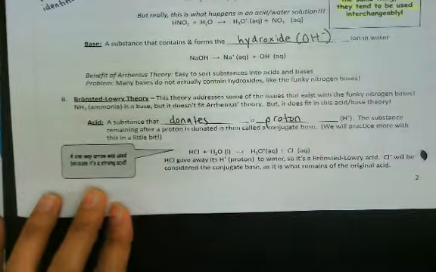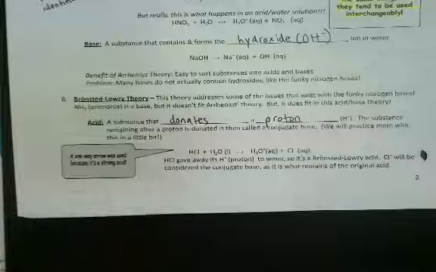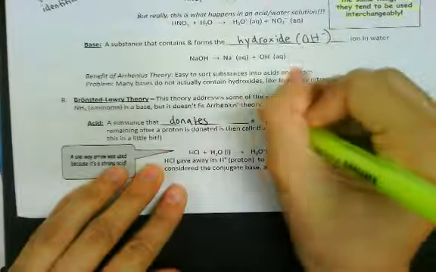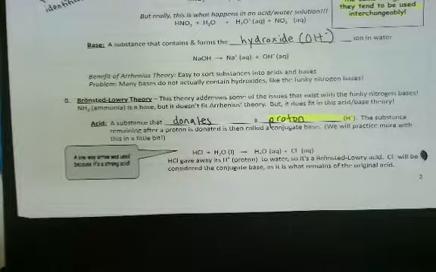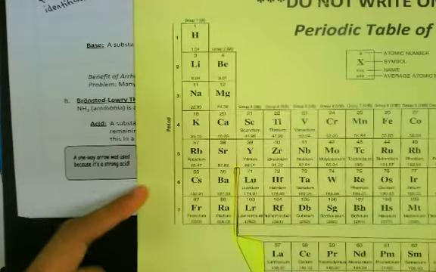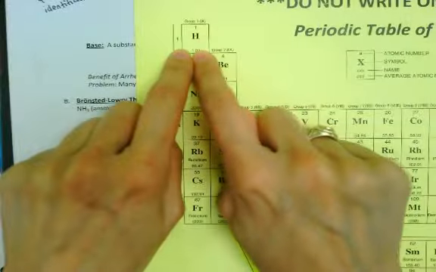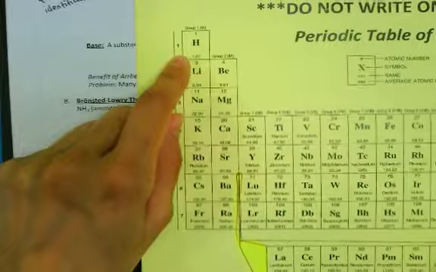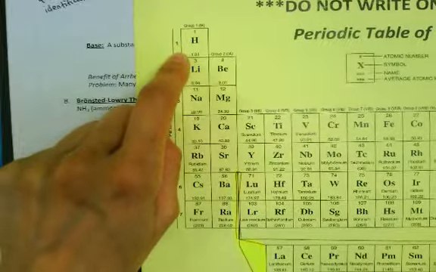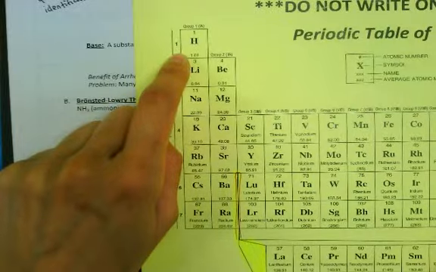A substance that donates a proton, and I want y'all to be aware that a proton is a hydrogen ion. A hydrogen ion is essentially a proton. If you look on the periodic table at hydrogen, hydrogen is right up here, atomic number 1. A neutral atom of hydrogen contains 1 electron and 1 proton.